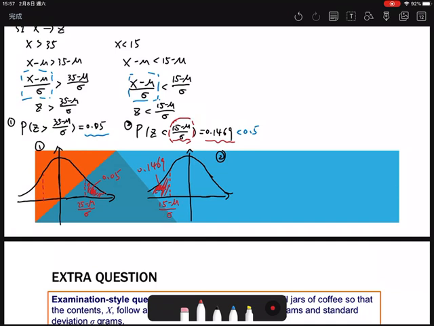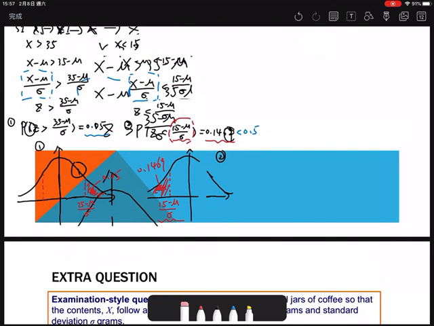However, from the table we cannot find the value of 15 minus mu over sigma directly, because it gives us the value of z on the right hand side of the y-axis.